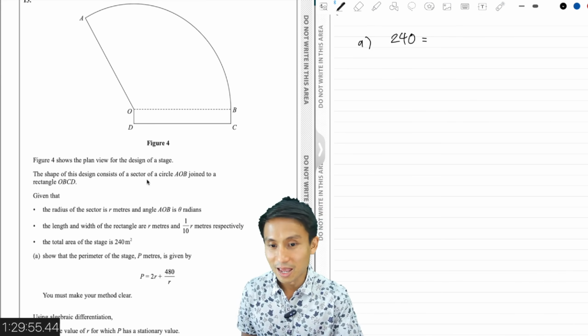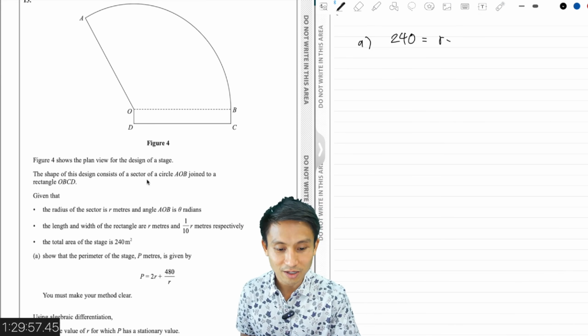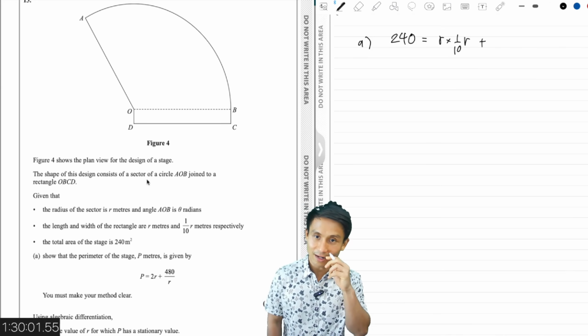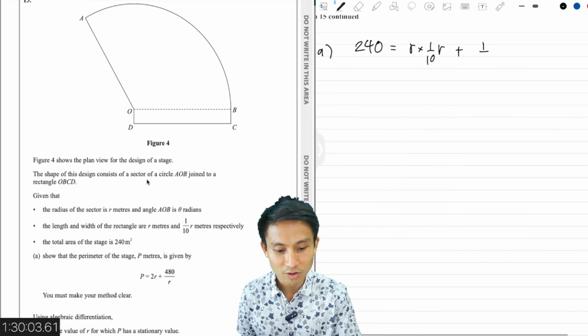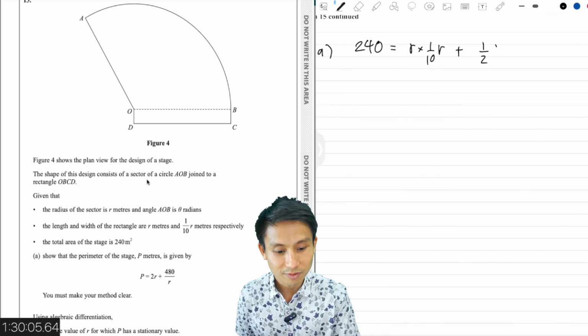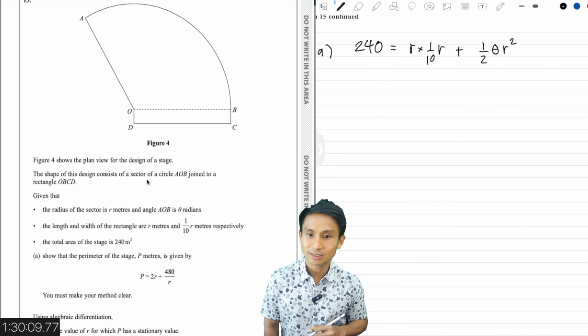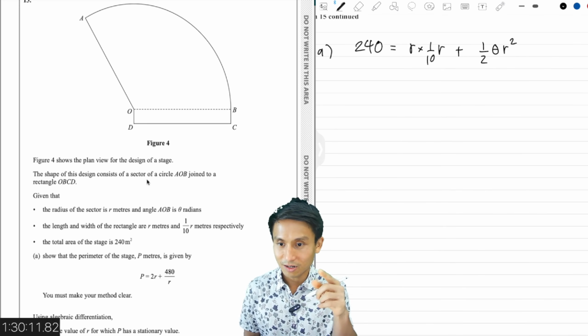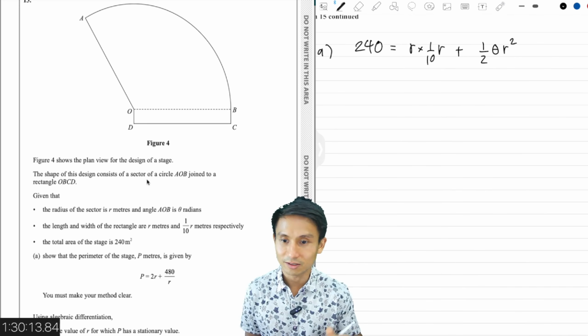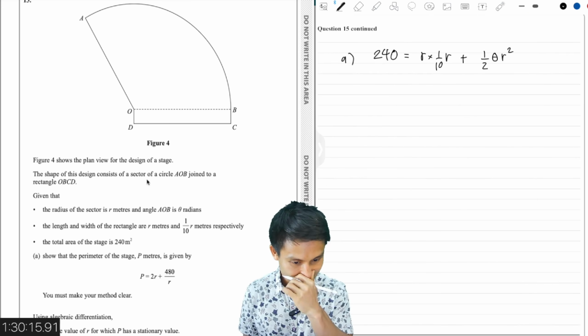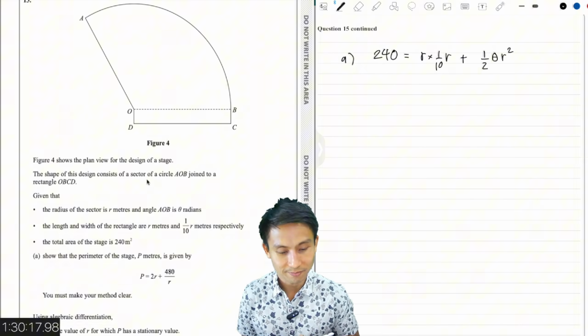It's going to be the area of the rectangle being r times 1/10 r, right? That's the rectangle, easy. And the other part is the sector. So it's 1/2 theta r squared, isn't it? Because we get everything here, r, and then theta there. So that's the area of a sector where theta is in radians, yeah?